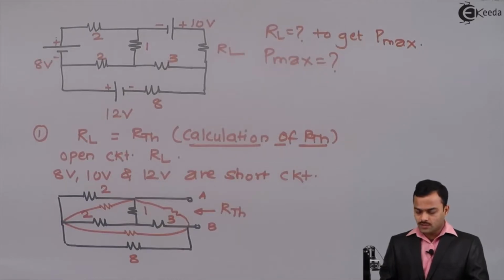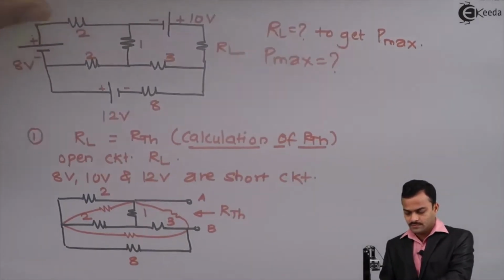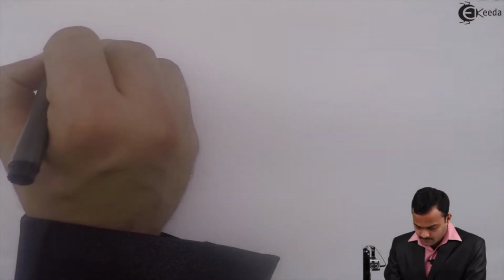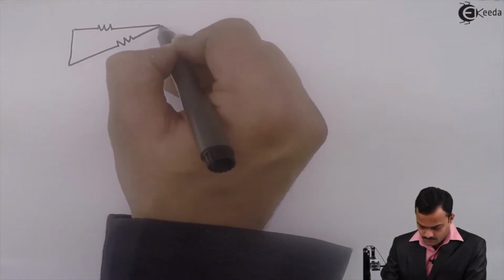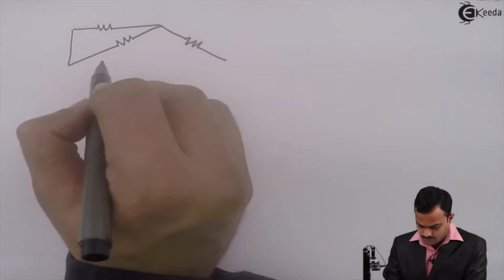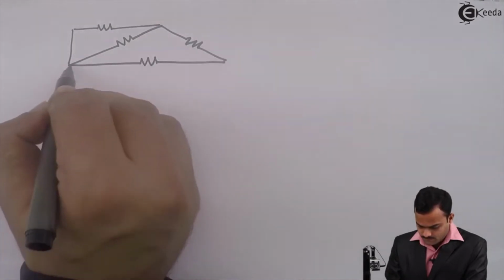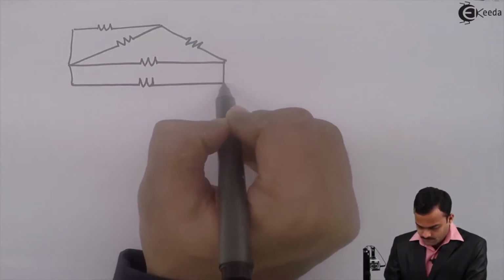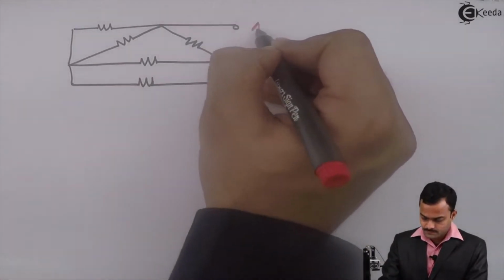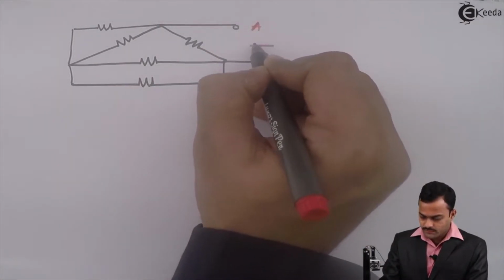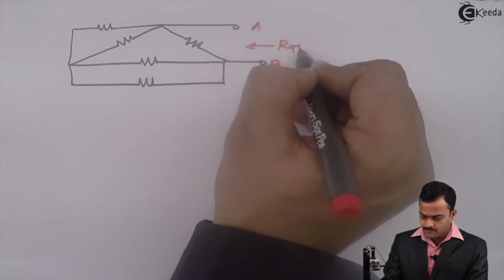So first thing, I will redraw the structure. After redrawing, it will look like this. So these are the terminals A and B, across which we need to find RTH.